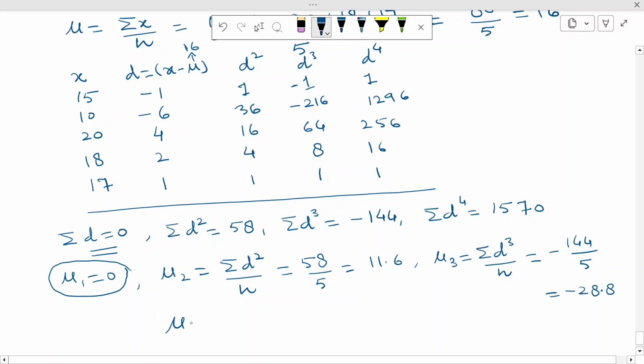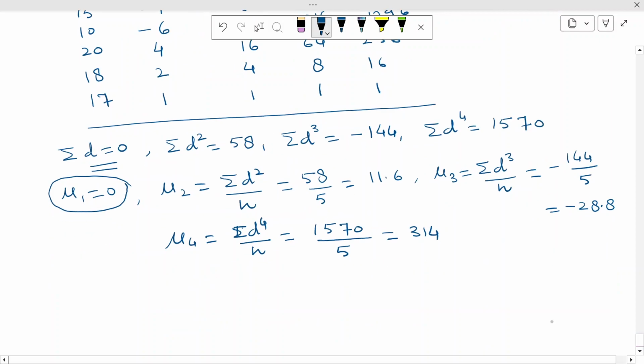And lastly we have mu4, which is summation d4 over n, so this is 1570 over 5, coming out as 314. So this is how we can obtain our central moments.